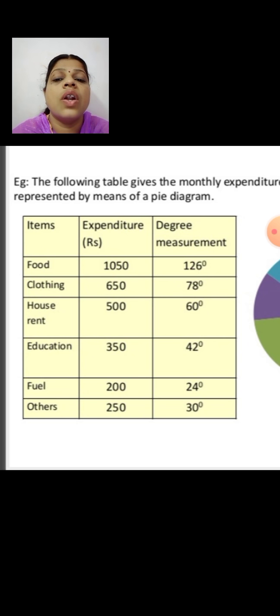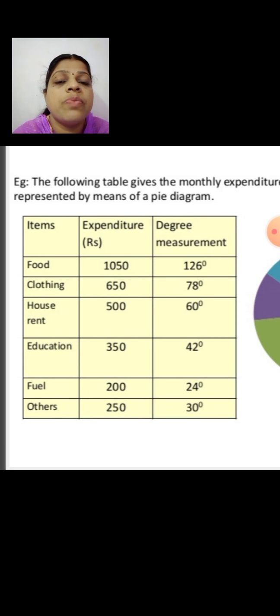The first thing is that different items are given. Which are they? Food, clothing, house rent, education, fuel and others. Children, we know that for various purposes in a family we spend our money, isn't it?